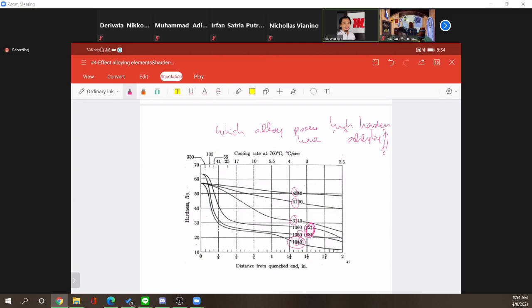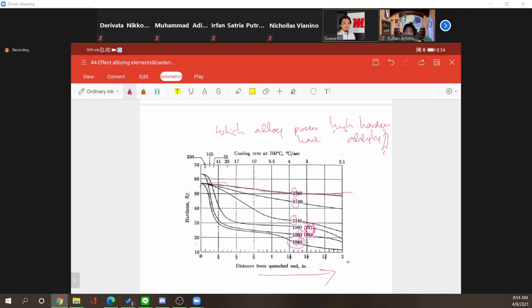Okay, so of course, the definition of hardenability is the ability to form martensite. This means the ability for a material to make martensite, right? And it means that 4340 is something quite stable now. The formation of martensite is quite easy, even if you go deep into the sample.